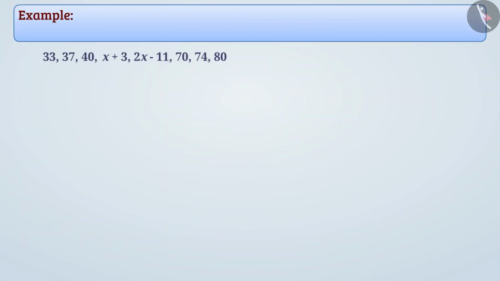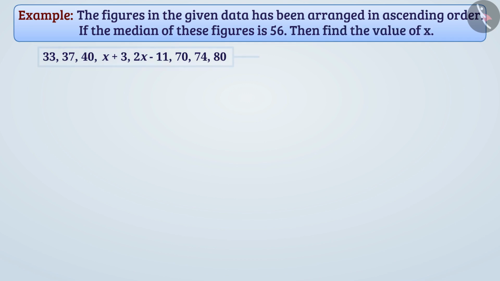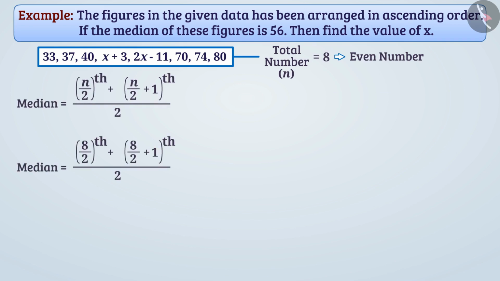Next example, the figures in the given data have been arranged in ascending order. If the median of these figures is 56, then find the value of x. The total number of observations in the data shown is 8. The number 8 is an even number. We know that if the number of observations n is an even number, then the median is the mean of the n by 2th and n by 2 plus 1th observations.